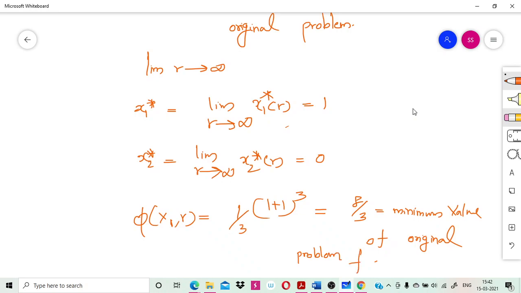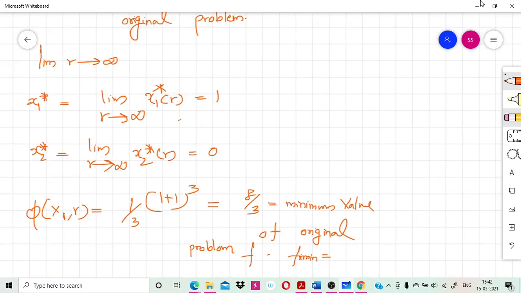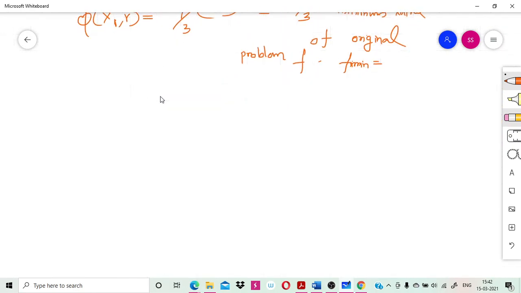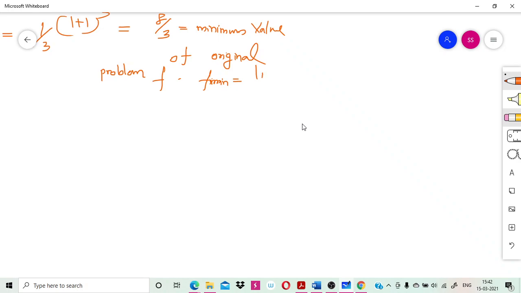So f minimum will be equal to the limit r tends to infinity of phi minimum of r, and that will be equal to 8 by 3. So this is our solution using the penalty function method, the exterior penalty function method.